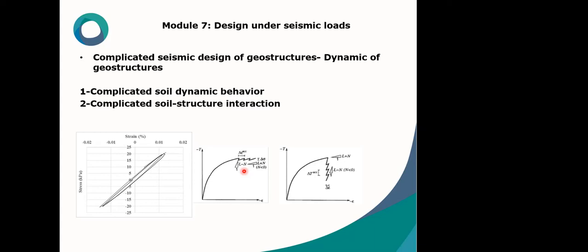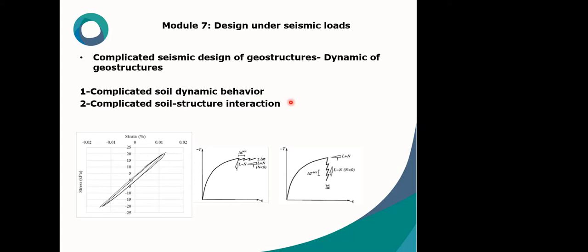The complexity of the seismic behavior of an underground structure depends on two factors. As can be seen here, the first factor is the inherently complicated soil dynamic behavior. It means that soil under dynamic loading or seismic loading has a very complicated behavior.